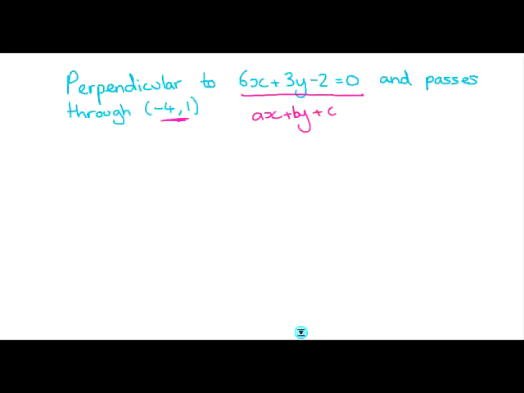So let's get it into our normal y equals mx plus c form. So let's have 3y. Let's keep that on the left, and we'll have 2 minus 6x. So if you divide everything by 3, we get 2/3 minus 2x. You should be very comfortable following what I've just done there.